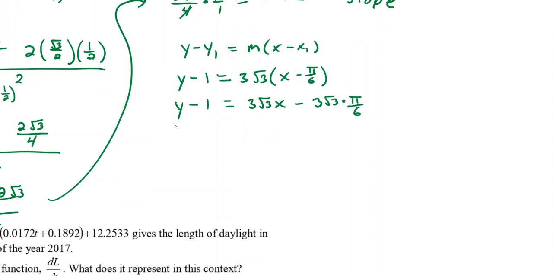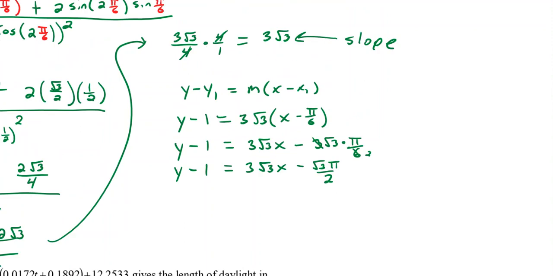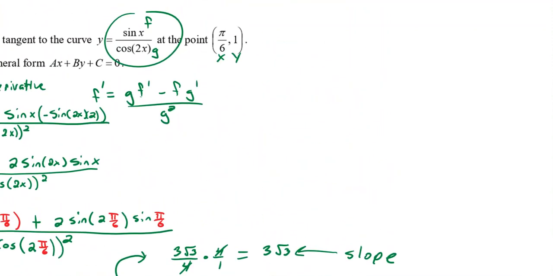Now I'm going to write it all again. Y minus 1 is equal to 3 root 3 times x, and then just cancel the 3 and the 6, right, leaving a 2. So that'd be minus root 3 times pi over 2. Now if I want this in general form, then I don't want fractions.